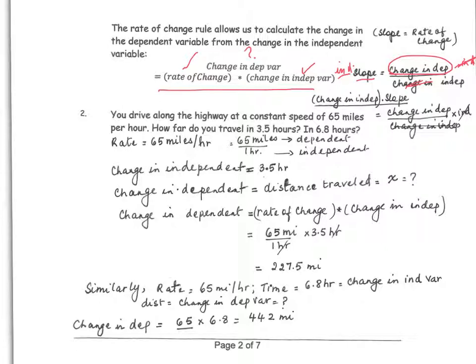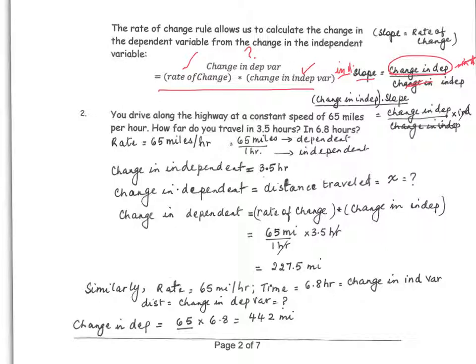Out of these three, if we know any two, we can figure out the third one. So read the question carefully, and if you notice that one of these three is missing, that is either the rate of change or the change in the independent variable or the change in the dependent variable, while the other two are given to you, then all you have to do is plug in the numbers and figure out the unknown using simple algebra.